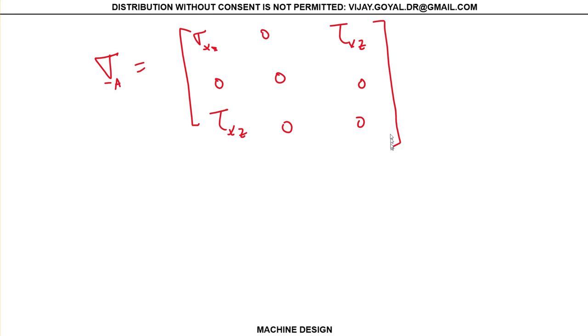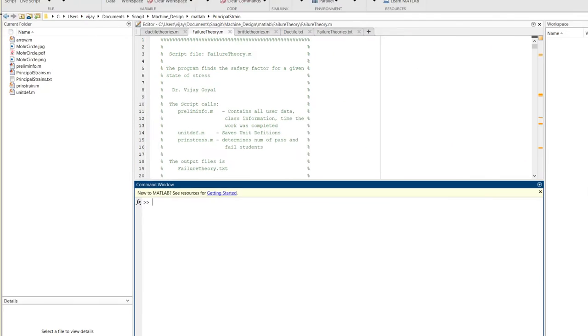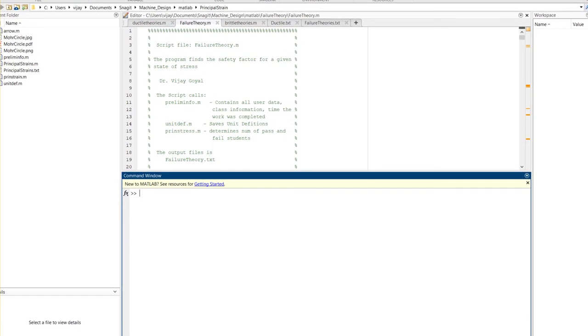And just remember, the goal is to find sigma 1, sigma 2, and sigma 3. This is what your failure theories are going to require for these problems. And then we're going to use our MATLAB code to actually solve this as we did in the previous example. So let's go ahead and run the MATLAB code. Again, it's the failure theory.